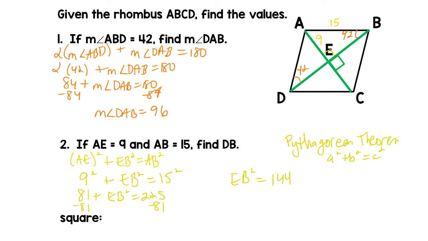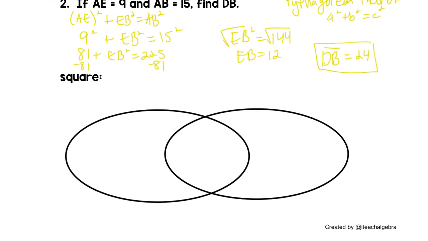To get rid of that square, we take the square root of each side, and we get EB is 12. We want to know DB. So if EB is 12, DE is also 12. So DB is 24. You've got to remember that Pythagorean theorem.